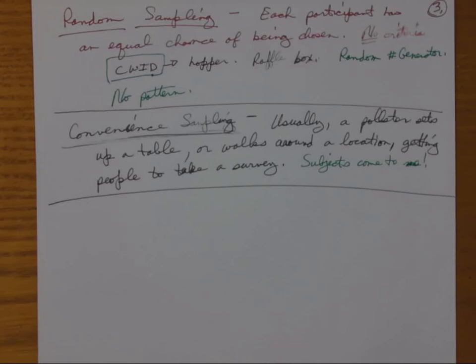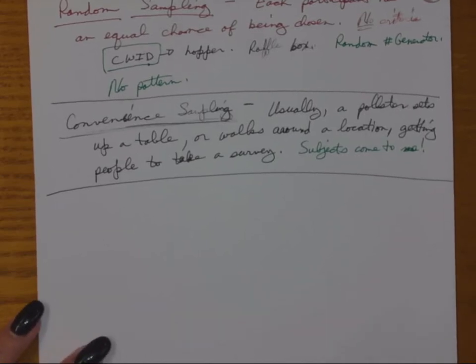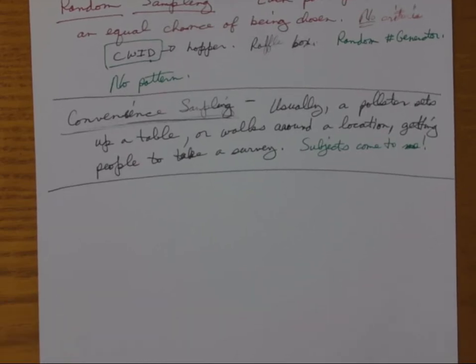If it's something small, it's not that big of a deal. But sometimes the incentives can be rather large, and then there's an issue, because maybe I'm motivated to give them a certain answer because they're giving me something. So it could be biased, so you have to watch out for that.